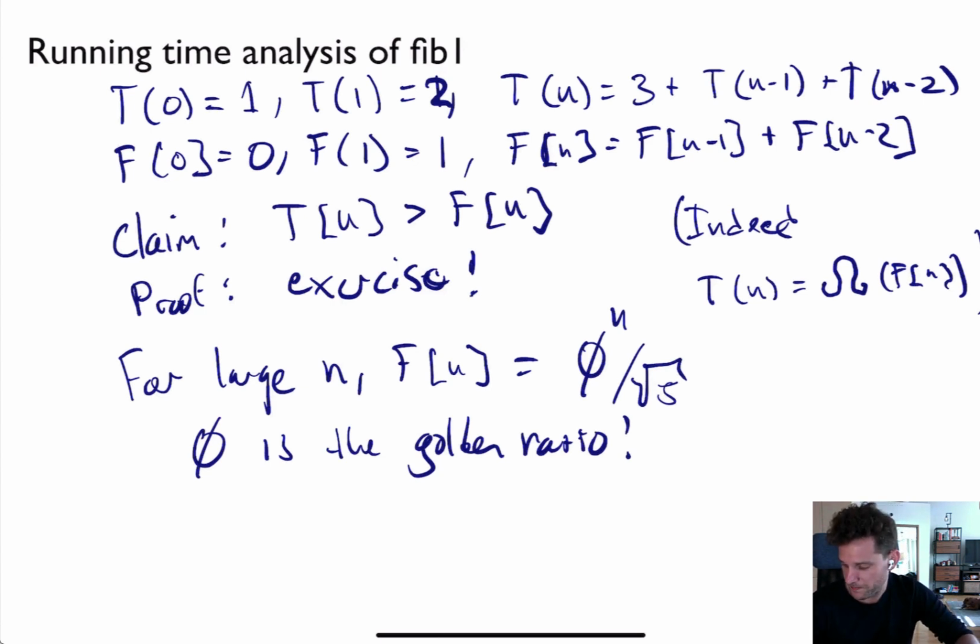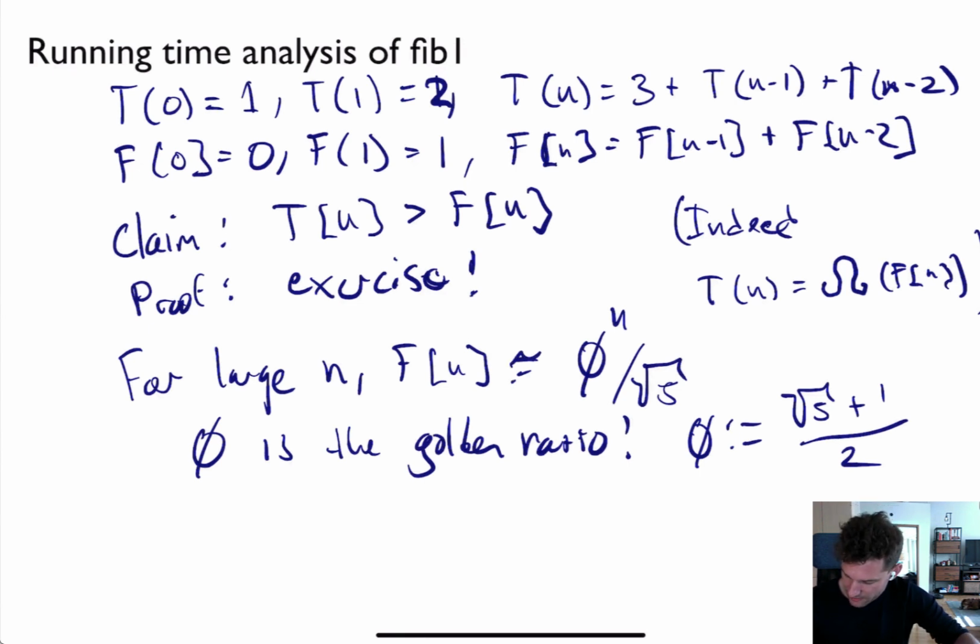It's an interesting quantity, and it comes up all over the place. Of course, it's defined as the square root of 5 plus 1 all over 2, right? But the key thing here is that f grows, and I should write roughly, this isn't exact. Roughly, it'll asymptotically converge to that quantity, but it grows exponentially, and we don't have to talk here about why that's the case, but just believe me that f of n grows exponentially.